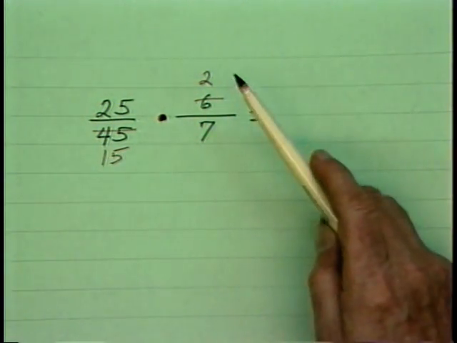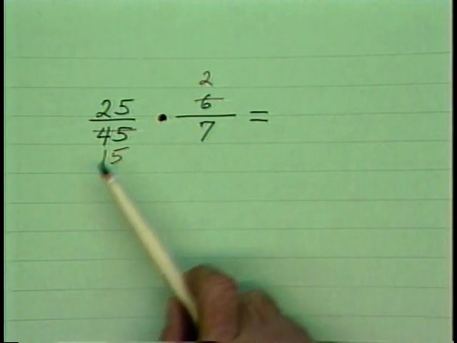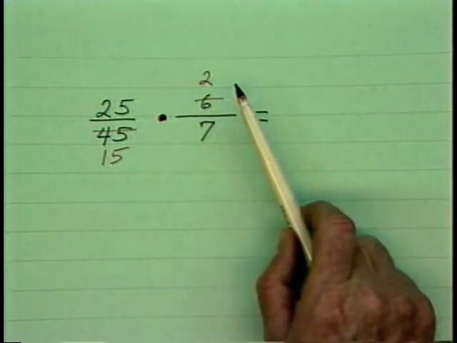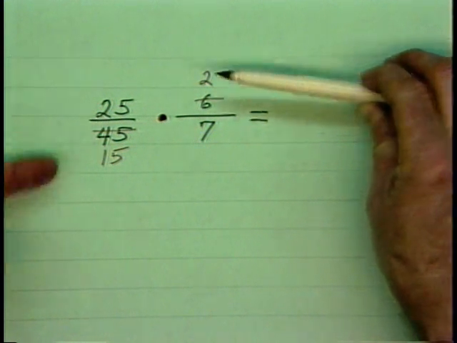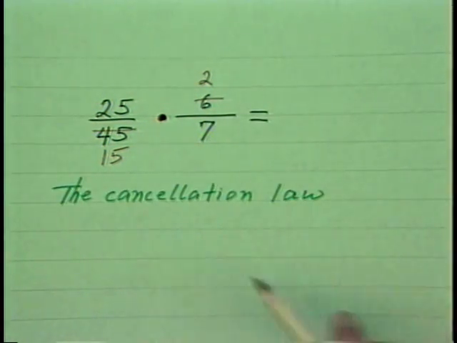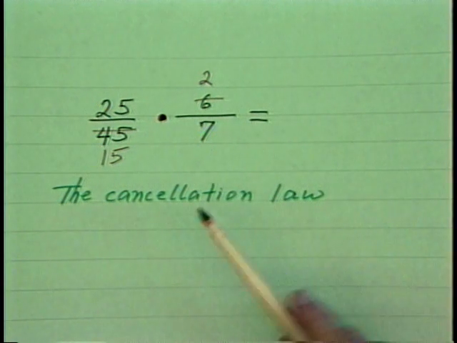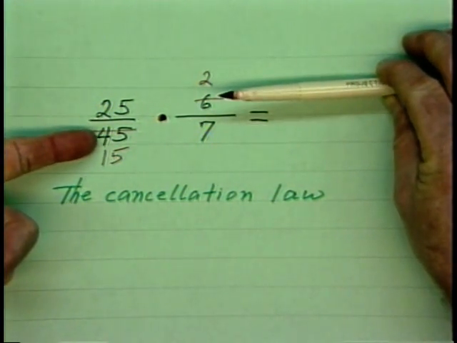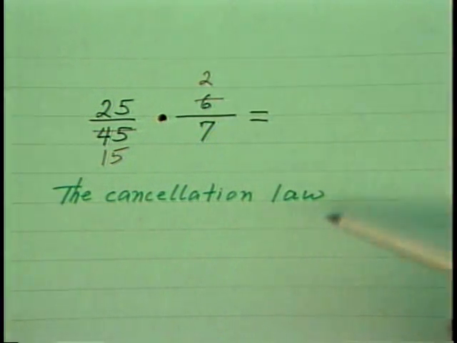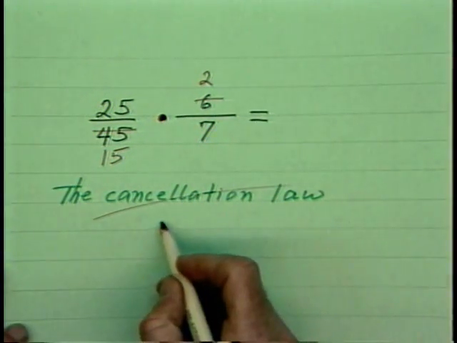However, because I divided across here, and since I cross out as I divide, we begin to call this law the cancellation law. Because actually I am dividing. The cancellation is something I do after I have done the division, so never forget that really I am in a process of division.